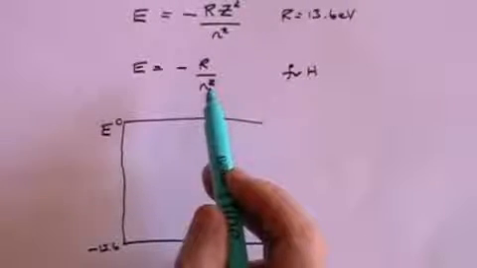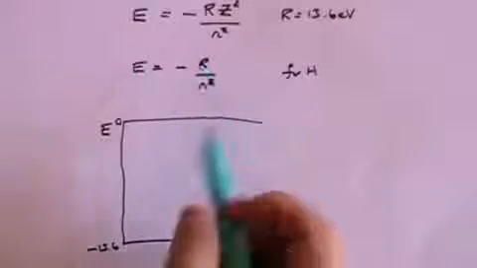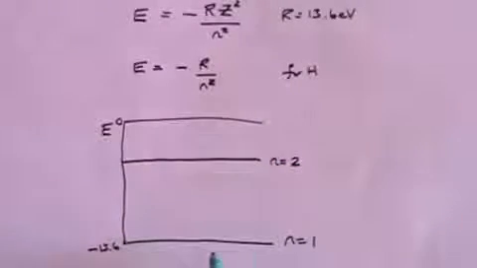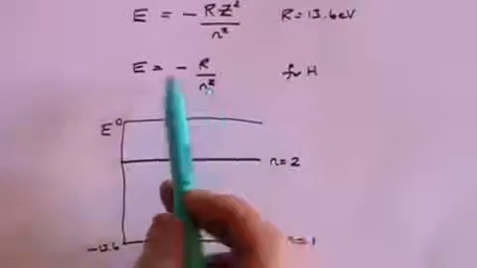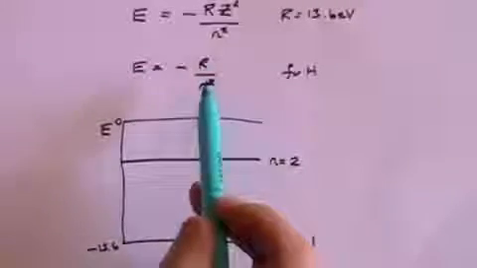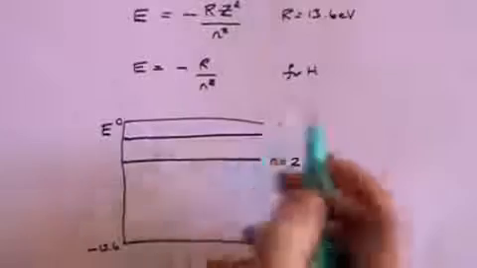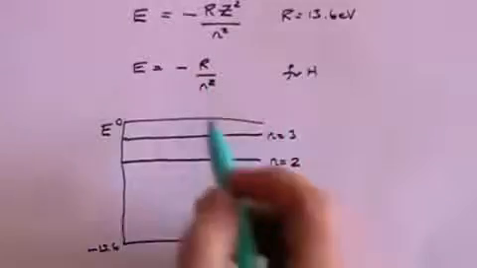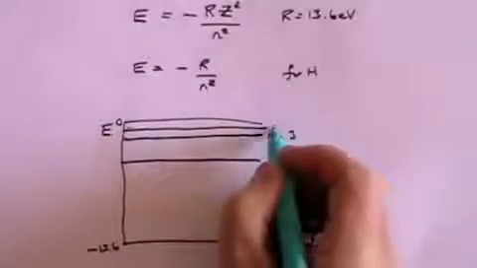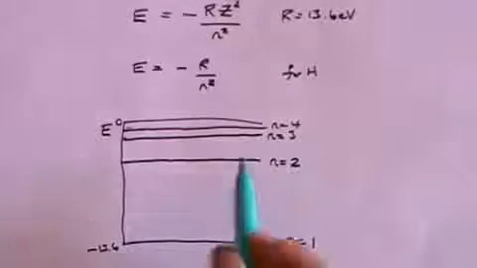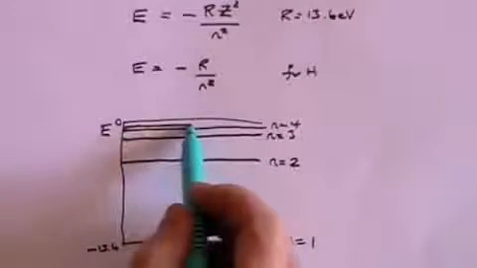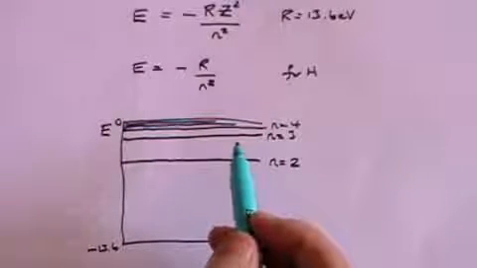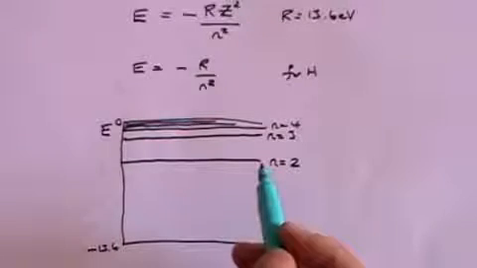What happens when n is 2? Well, when n is 2, n squared is 4, so the energy is a quarter of the value of R. So that's n equals 2. When n is 3, the allowed energy level is 1/9 of the value of R. When n is 4, the allowed energy is 1/16 of the value of R. And you can see that those energy levels will continue to get narrower and narrower, the gaps between them, until n is infinity.